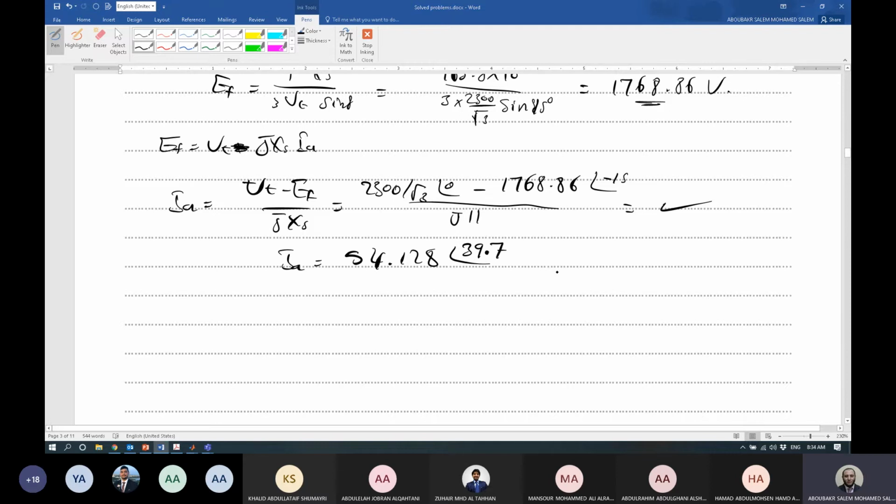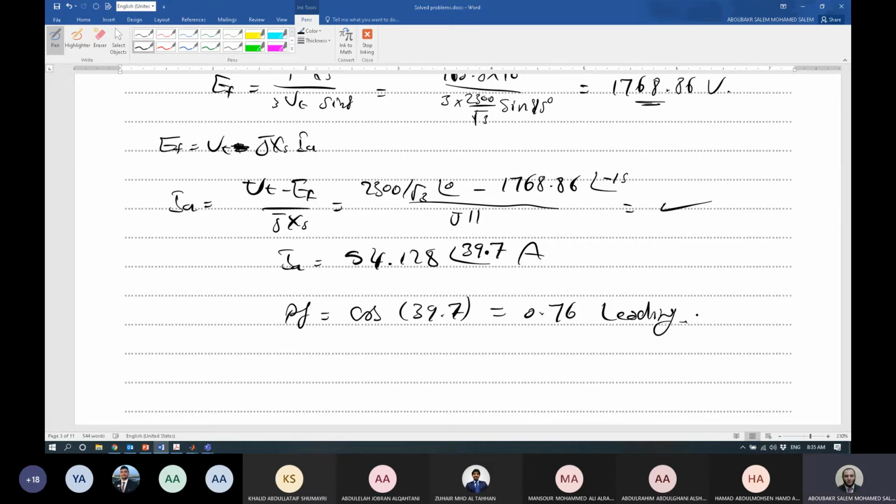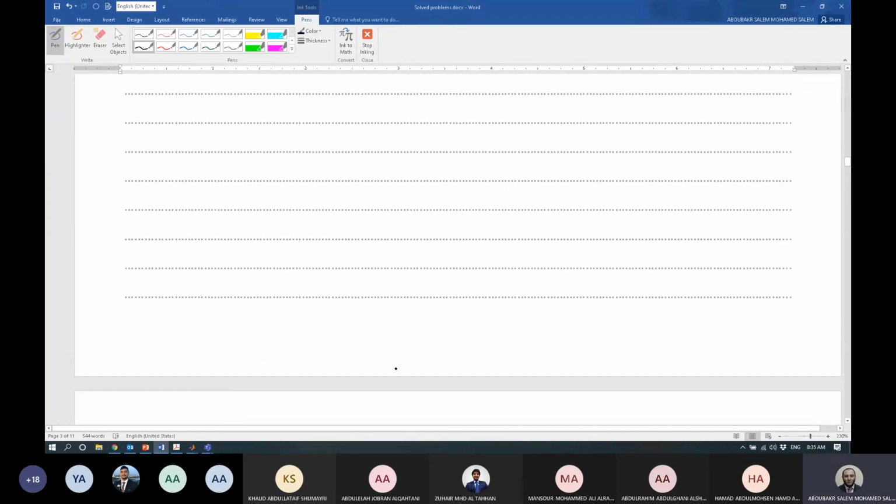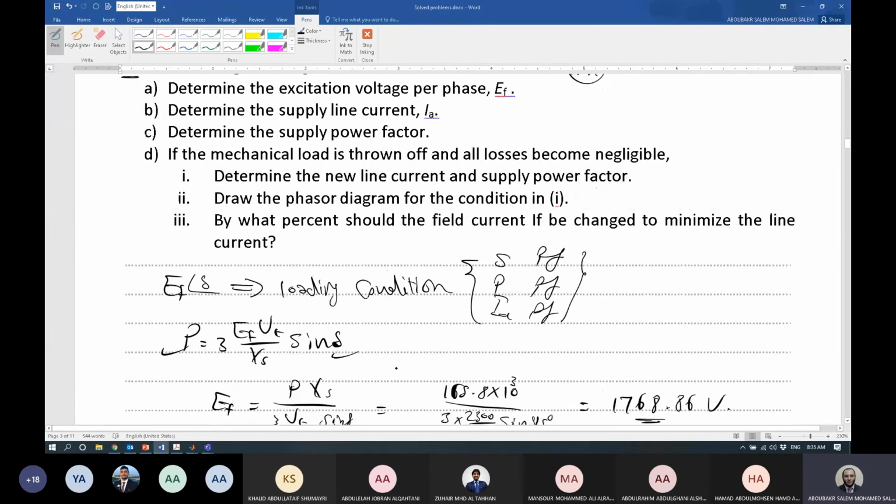So this means the power factor is cosine 39.7, which is 0.76, leading. Is it right? So this is part A.